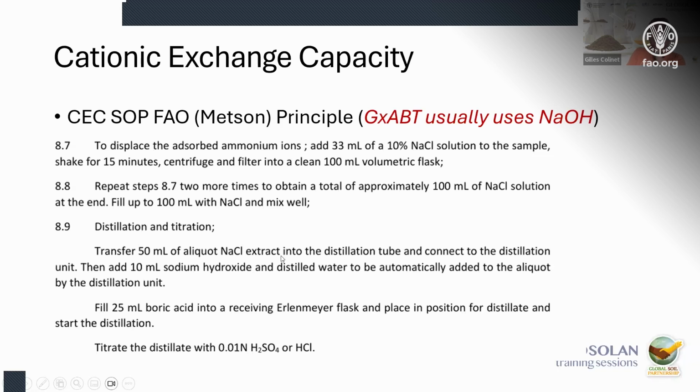So you will make a distillation. So it means that you put vapor, and vapor takes the ammonium away, and it is trapped in a solution of boric acid. And you will titrate the solution after.